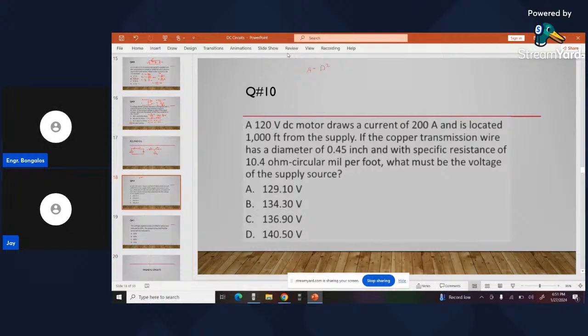Diameter in mils. So, sabi dito is 450 mils. Kasi ito yung conversion niya. 1 inch.